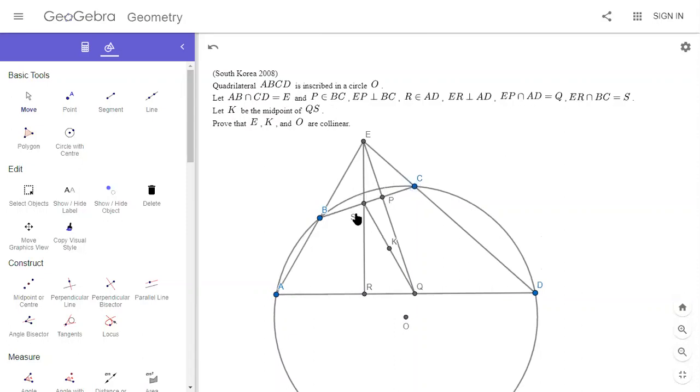Okay, so we want to show EK and O are collinear. But triangle EBC is similar to EDA, and P corresponds to R and S corresponds to Q. So there's a lot of structure here, right?